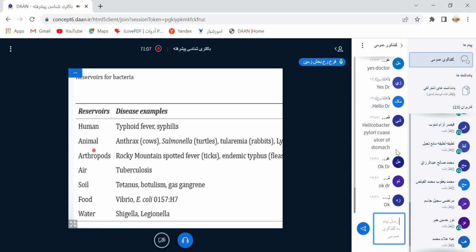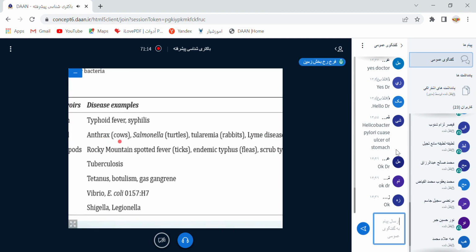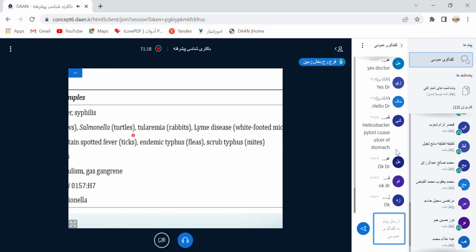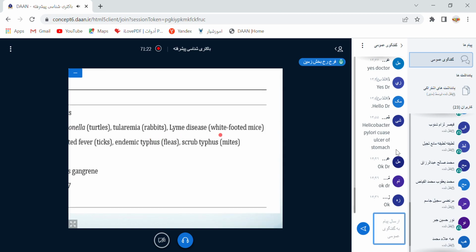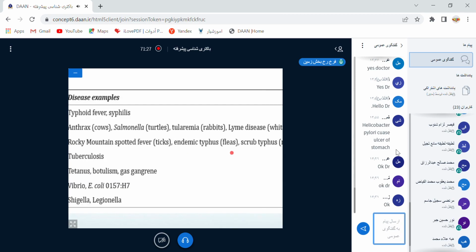Sometimes animals are reservoirs, like what? Like anthrax, where the animal is the cow; salmonella, the turtle; tularemia, the rabbit; Lyme disease, white-footed mice.